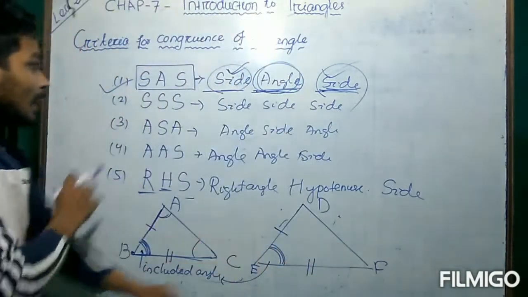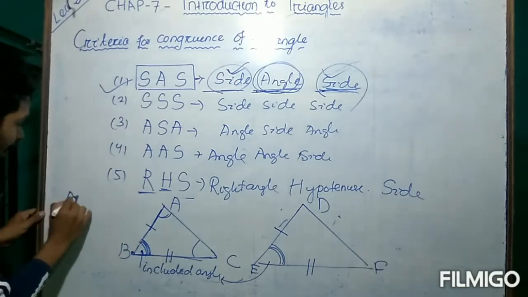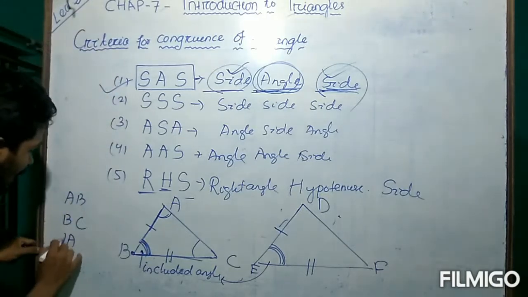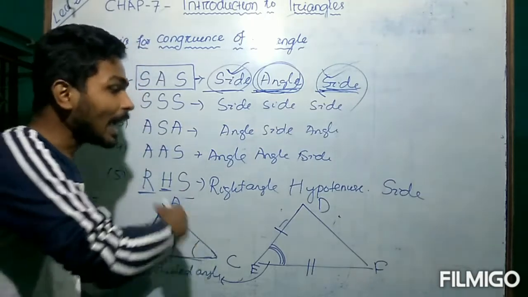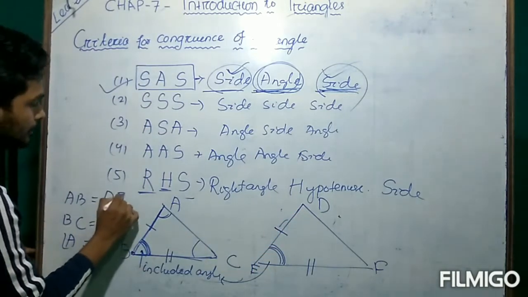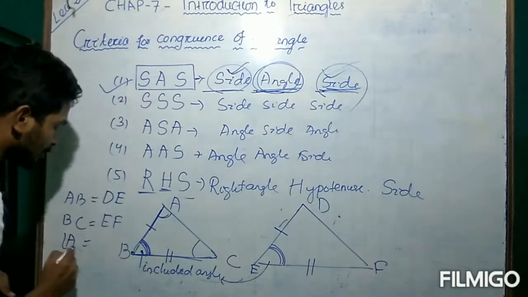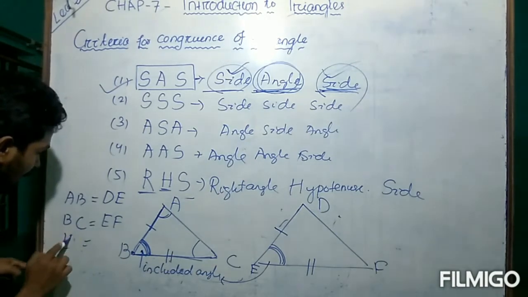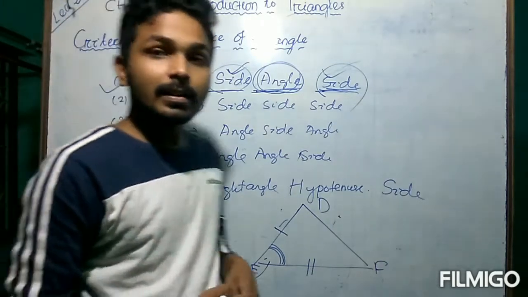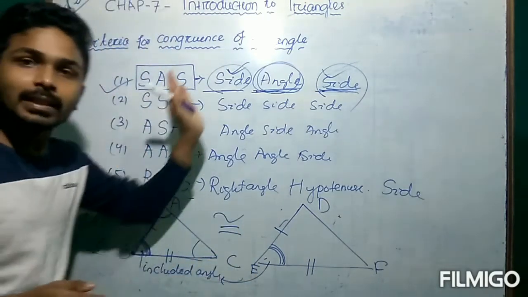Again, according to the SAS criterion, if the two consecutive sides AB and BC and the included angle B are equal to another triangle's two consecutive sides, that means AB is equal to DE, BC is equal to EF, and the included angle B is equal to E, then these two triangles are said to be congruent. This is what the SAS criterion tells you.